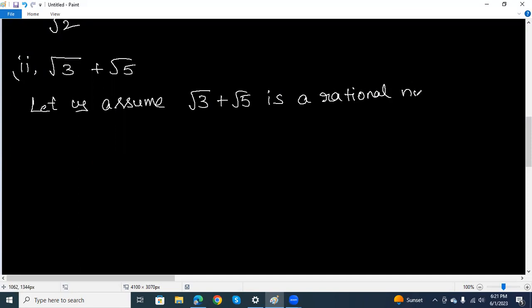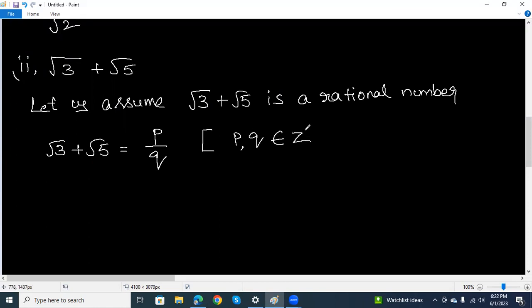When it is a rational number, this will obviously be equal to P by Q. Here we need to define P and Q belong to integers, and the denominator should not be equal to 0. And also P and Q are co-primes where HCF is equal to 1. So we defined that here.